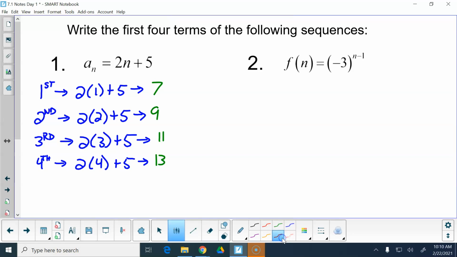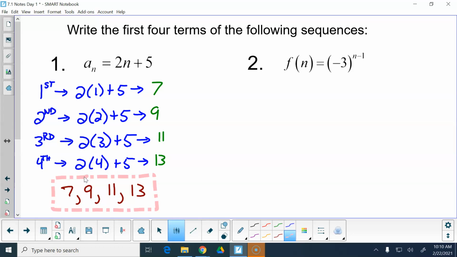So the first 4 terms of the sequence are 7, 9, 11, and 13. Okay? And in a sequence, terms are separated by commas. They have to be written in that specific order with commas in between them.